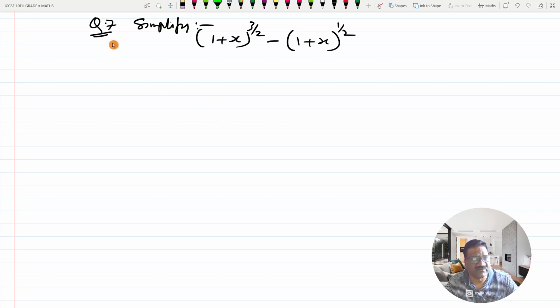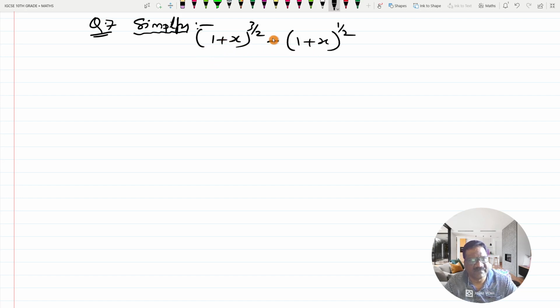Okay, so the question says, that is question number 7 from exercise 3.1, simplify 1 plus x to the power of 3 by 2 minus 1 plus x to the power of 1 by 2. Now you have to simplify this.